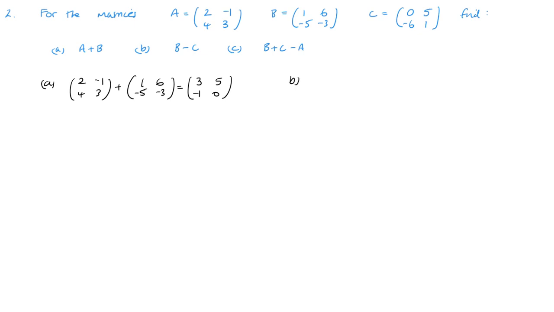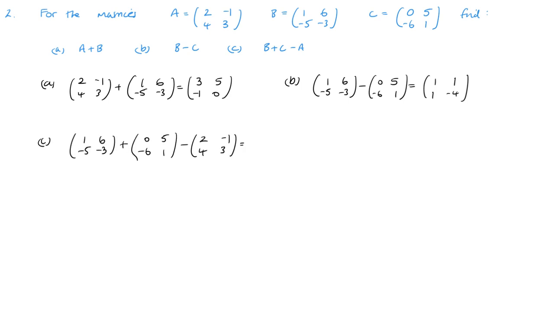Part B is B minus C. So that's 1 minus 0 is 1, 6 minus 5 is 1, minus 5 minus 6 is minus 5 plus 6 is 1, and minus 3 minus 1 is minus 4.